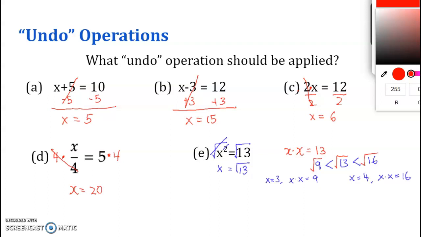Now, do we know what number multiplies to itself? What is the square root of 9? What number multiplied by itself gives 9? It's going to be 3.